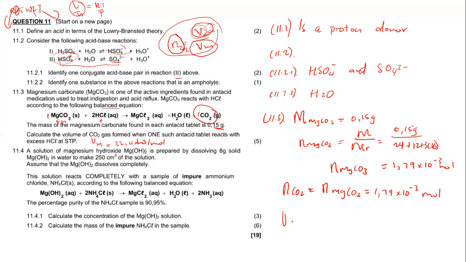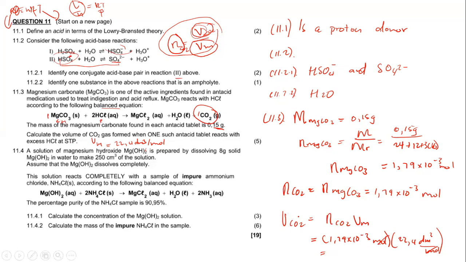So the volume of carbon dioxide will be the number of moles of carbon dioxide multiplied by the molar volume. The number of moles is 1,79 times 10 to the power of -3 moles, and the molar volume is 22,4 cubic decimeters per mole. Mole cancels mole, and we're left with cubic decimeters, which is the unit for volume.